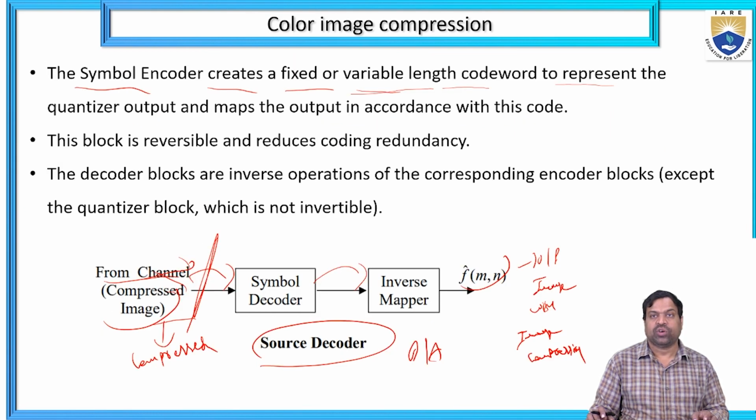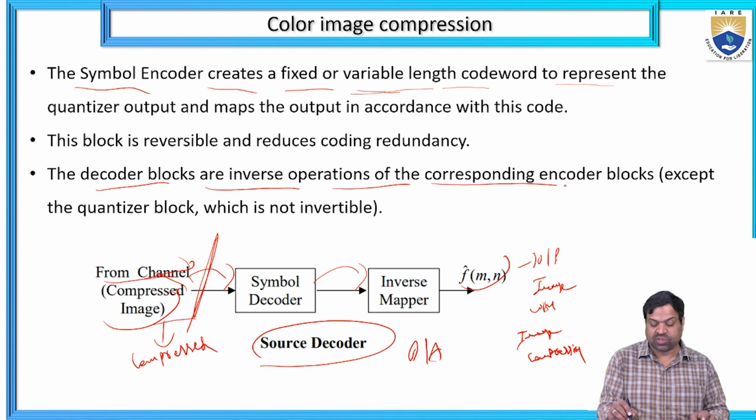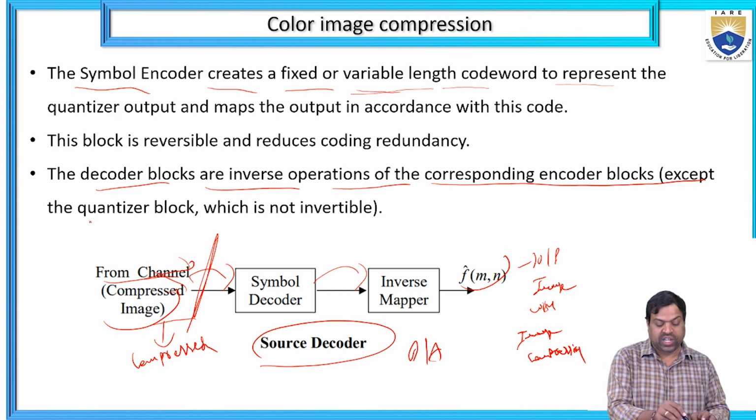The symbol encoder creates a fixed or variable length code word to represent the quantizer output and maps the output in accordance with this code. This block is reversible and reduces coding redundancy. The decoder blocks are inverse operations of the corresponding encoder blocks, except the quantizer block, which is not invertible.